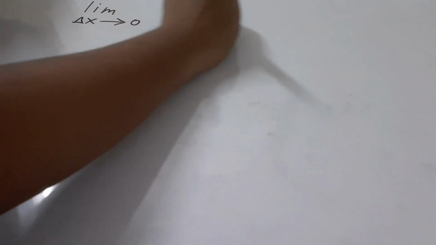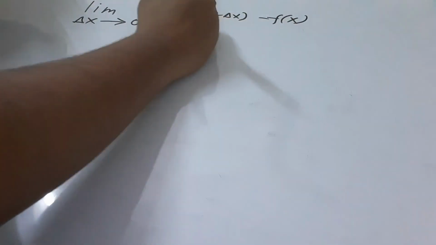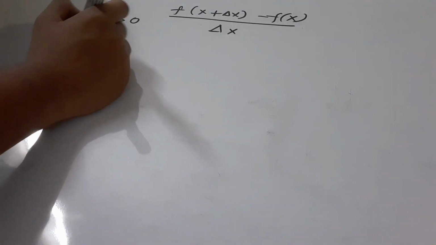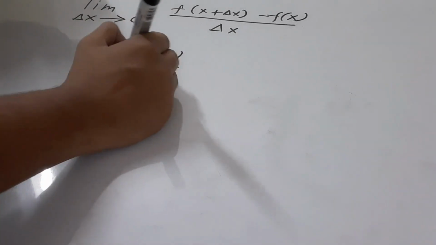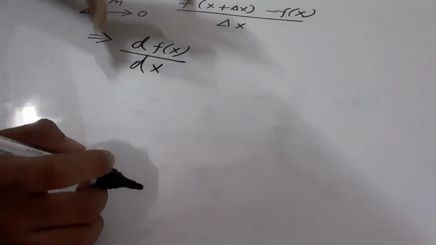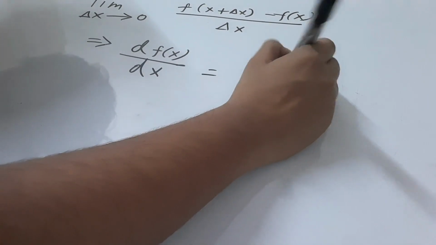If I'm doing something like this, I'm saying delta x is extremely small in a function like this, which I just did. This can also be written as d of f of x upon dx, where d of f of x means a very small difference in f of x. This is exactly similar to delta f of x upon delta x. You guys are familiar with delta.